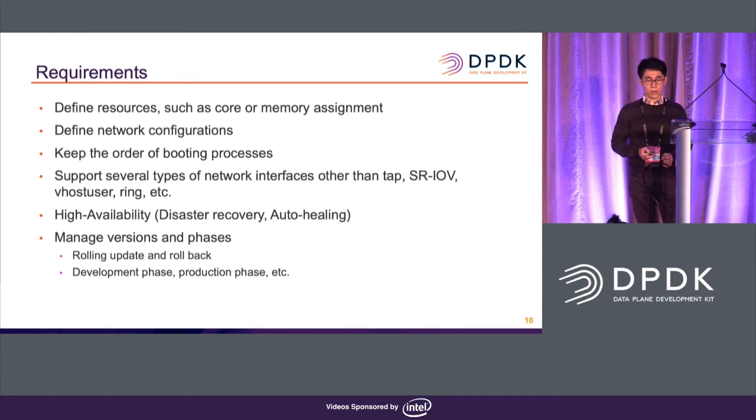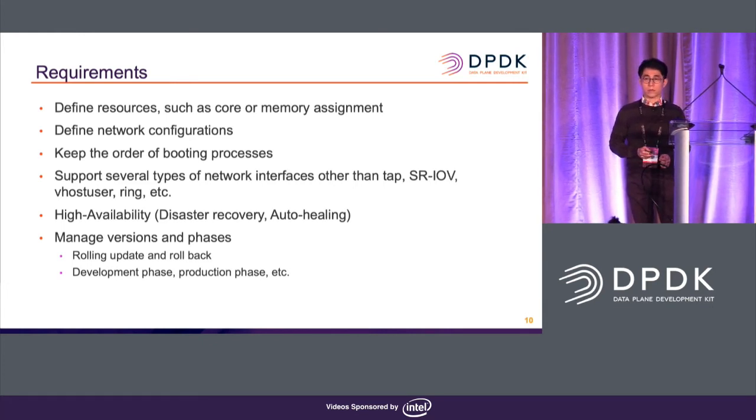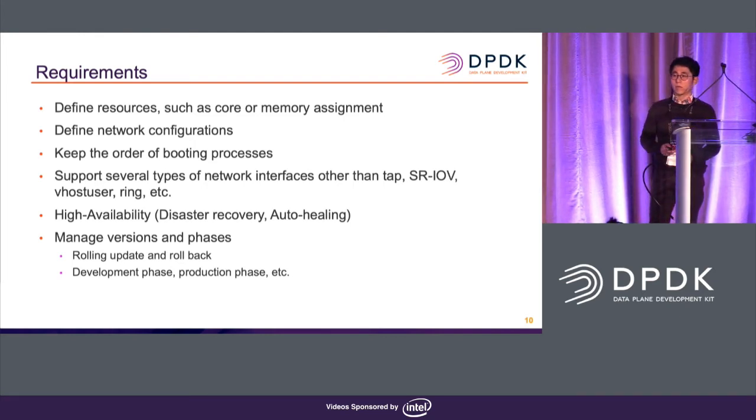And the third one is keep the order of booting processes of multiple applications. And the next one is support several types of network interfaces. Some of them are already supported by Kubernetes, but we need to define additional network interfaces by ourselves.